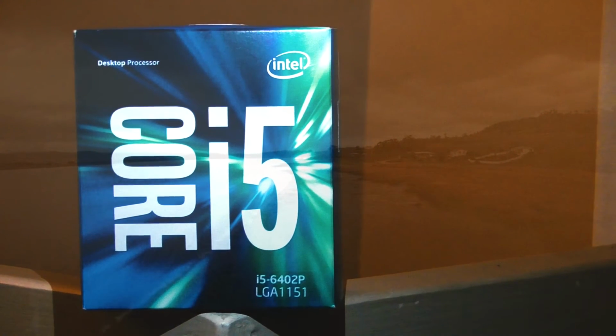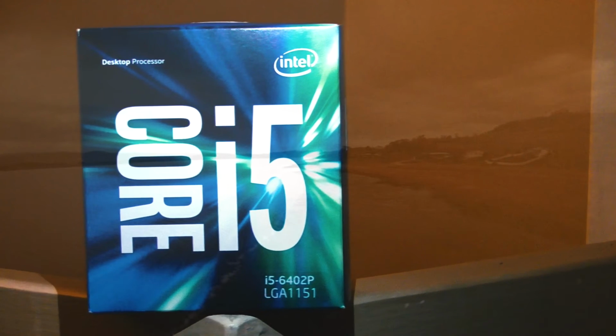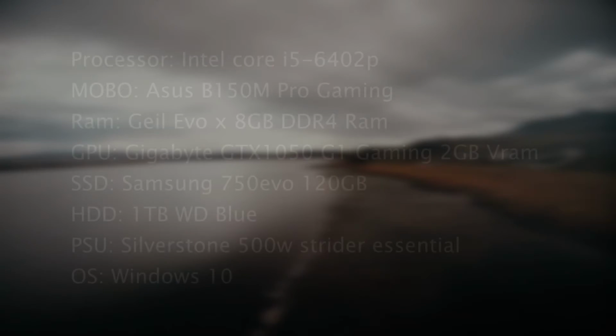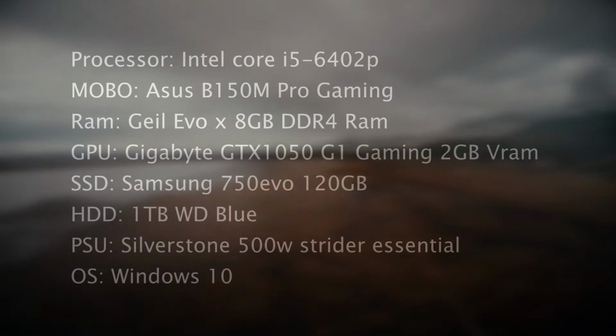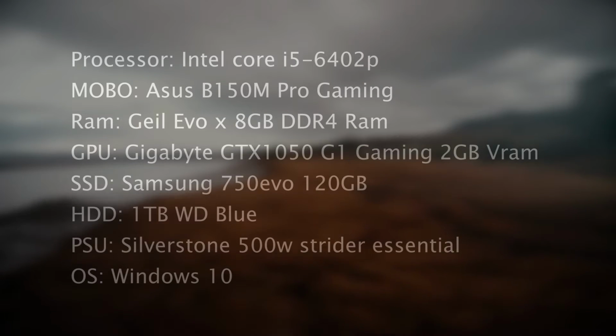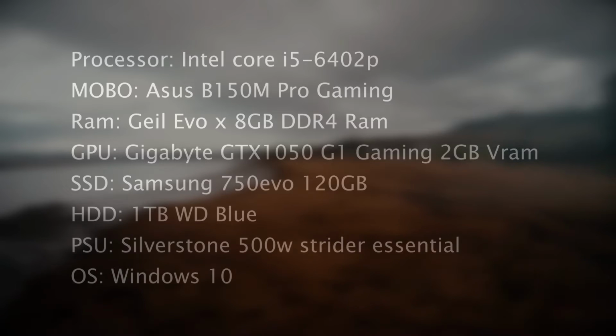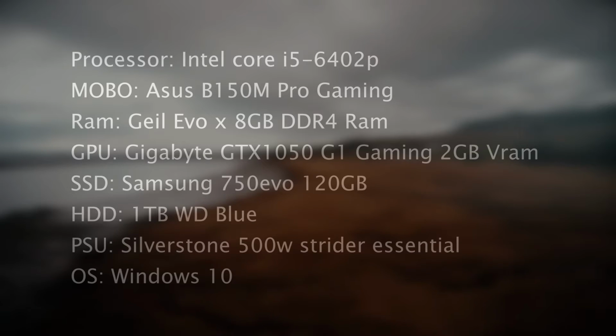So now let's take a look at the system that I'll be using to render this video. First of all, the processor is the Intel Core i5-6402p Skylake processor. The motherboard I'll be using is from Asus, the B150M Pro Gaming motherboard, and the RAM is 2 sticks of DDR4 RAM by Geil Evo X, and the graphics card is from Gigabyte, the GTX 1050 G1 Gaming with 2 GB of RAM.